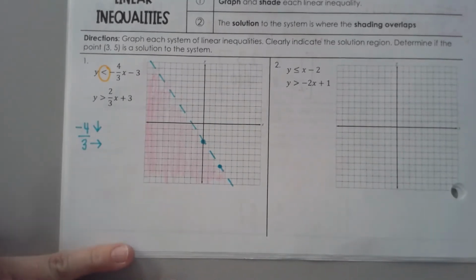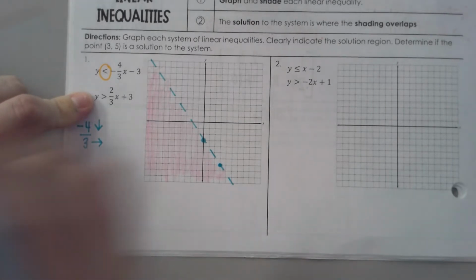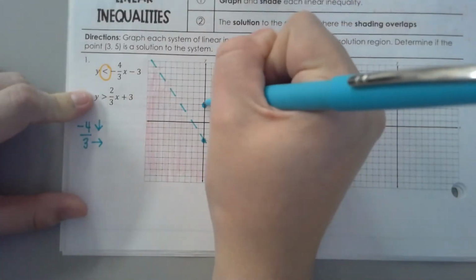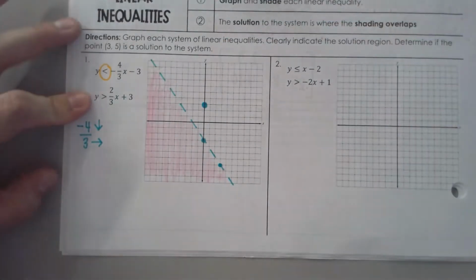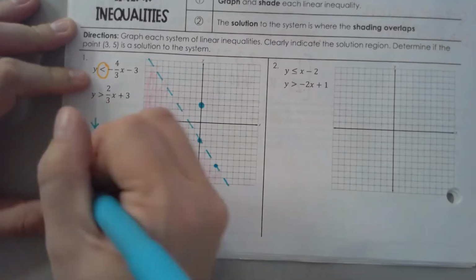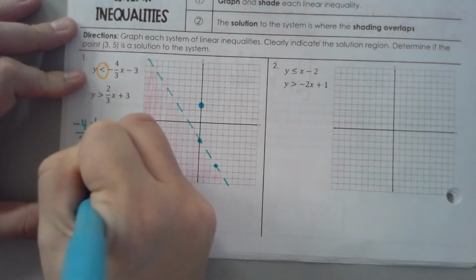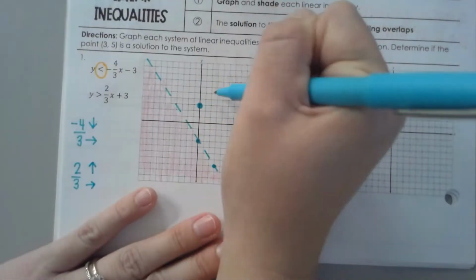Your next line has a y-intercept of what? 3. And a slope of 2/3. Good. So up 2, right 3.